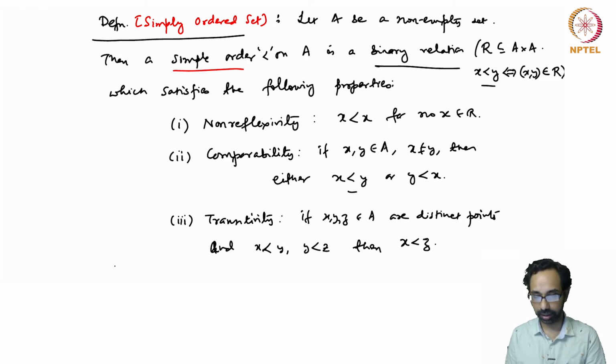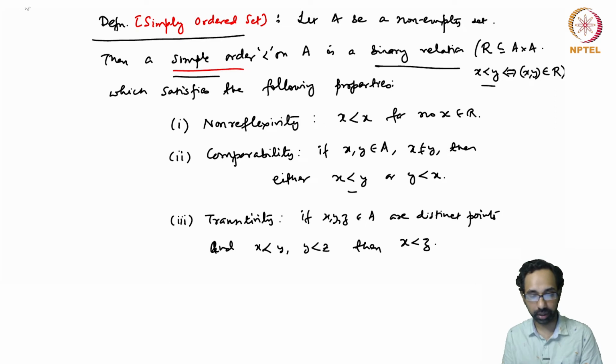So this is a binary relation with some nice properties, and when this binary relation satisfies these properties, we call it a simple order.